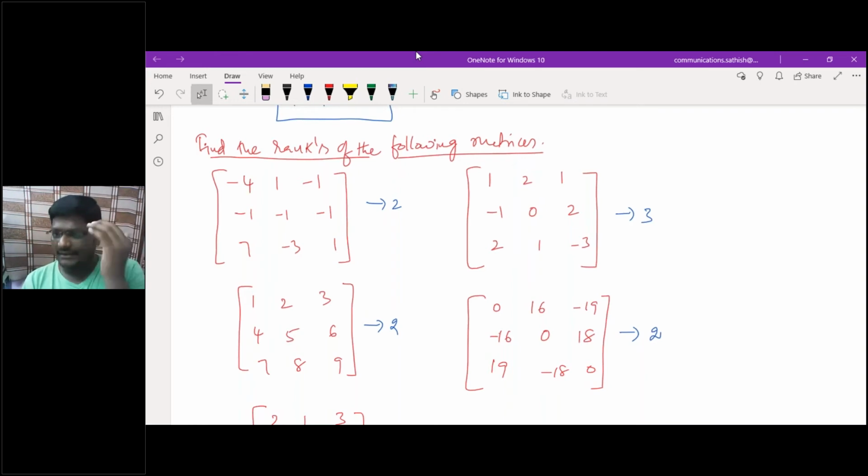The person who puts in hard work and makes logical thinking will get success in the GATE exam. Are you understanding what I'm saying? Are you listening? Yes, sir. So please try to do that. Make hard work and make logical thinking.